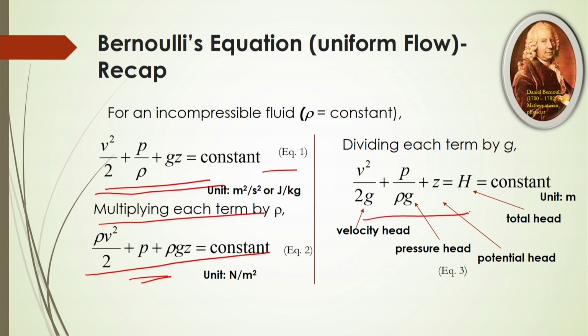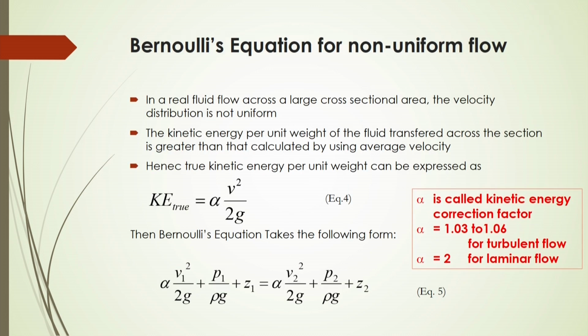Equations 1, 2 and 3 are different forms of Bernoulli's equation. In the third form, V square by 2g is called the velocity head, P by rho g is the pressure head, and Z is the potential head. The summation, the total head, is represented by capital H and should always be constant. So Bernoulli's equation is the main governing equation to represent the principle of different flow devices that work based on pressure difference.